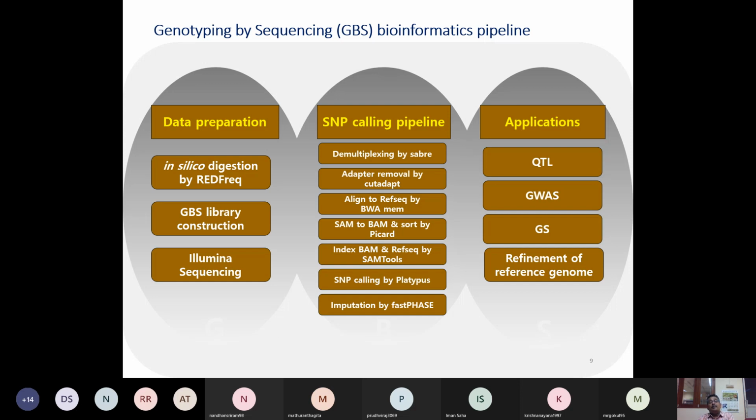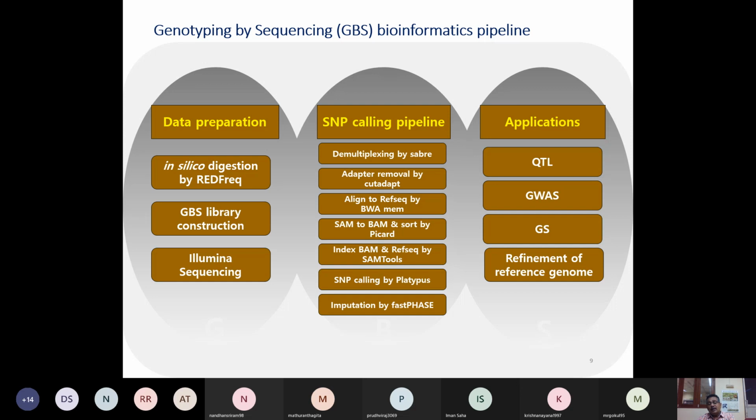Then the SAM and BAM files are sorted by Picard software, and indexing is done using the reference sequence with SAMtools. SNP calling is done by Platypus software, then imputation by FastPHASE.